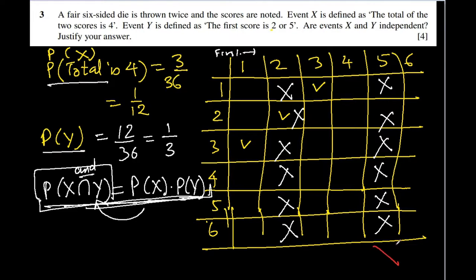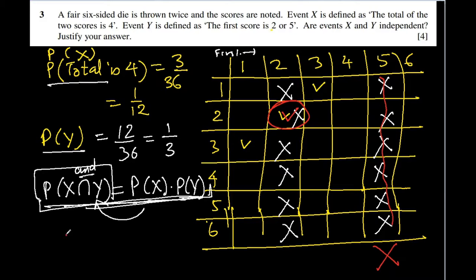So this whole column is useless for us. It is possible to have a sum of 4 when the first outcome is 2, and this is the only cell where both conditions hold.